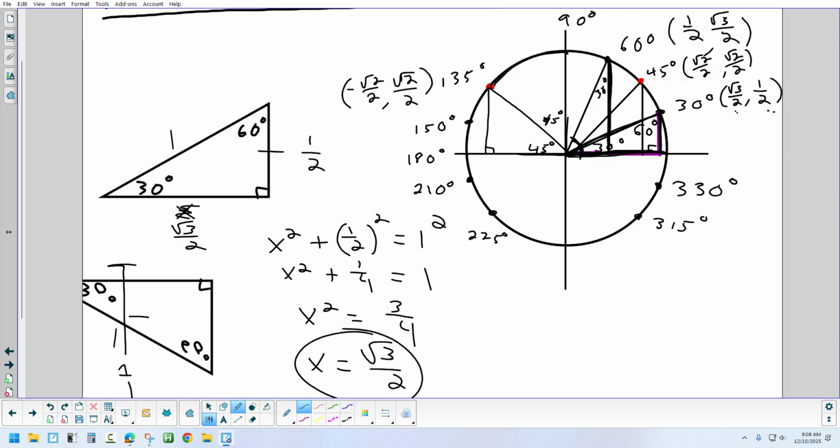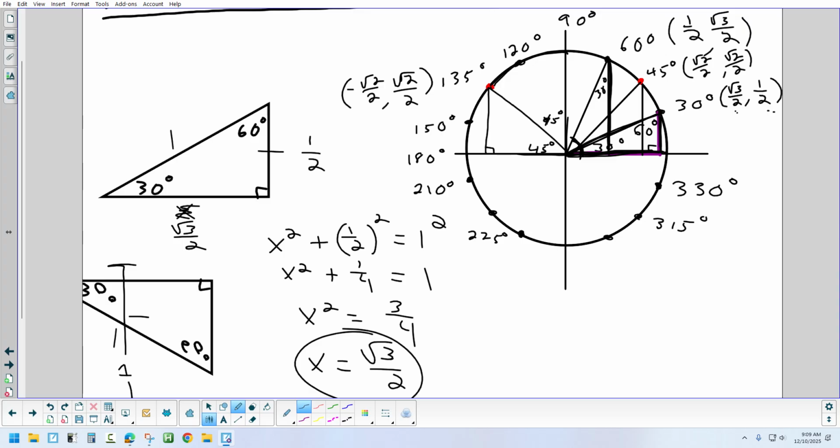And then we can also reflect the 60 in every quadrant. So that point would end up here. What angle would that be? Yep, so that's your 120. We can take that same point and reflect it down here and then over there.